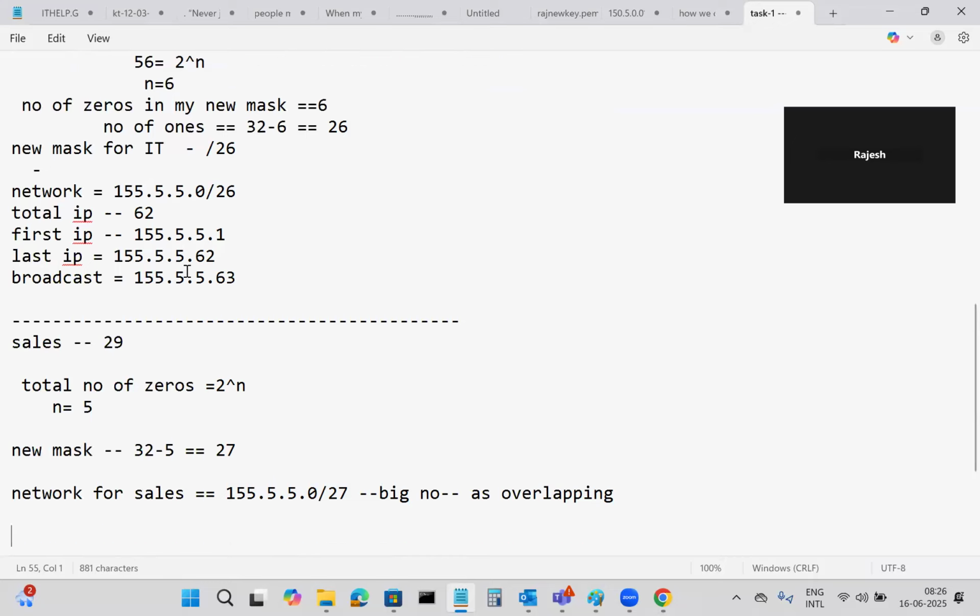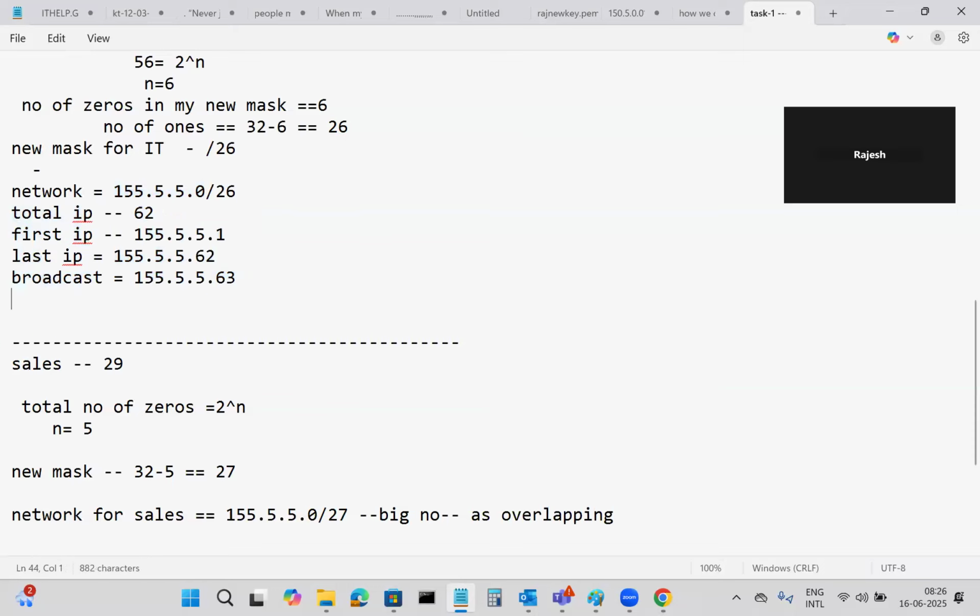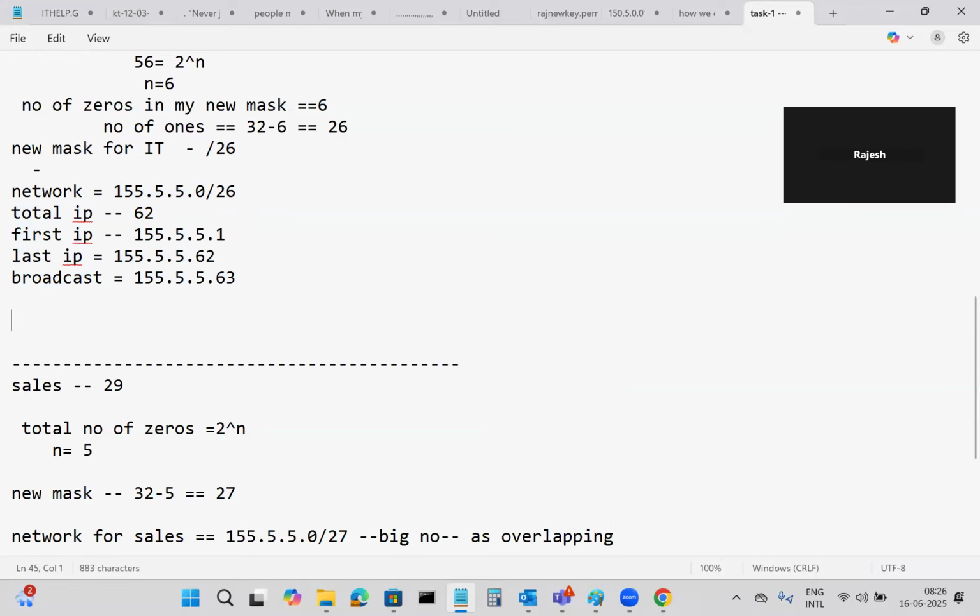The trick is I will go back to my IT department. What is my mask? 26. So I will find out two things. The block size. What is the block size for the IT department with the mask of 26? 64, right? 2 to the power 6. 64 is the block size.